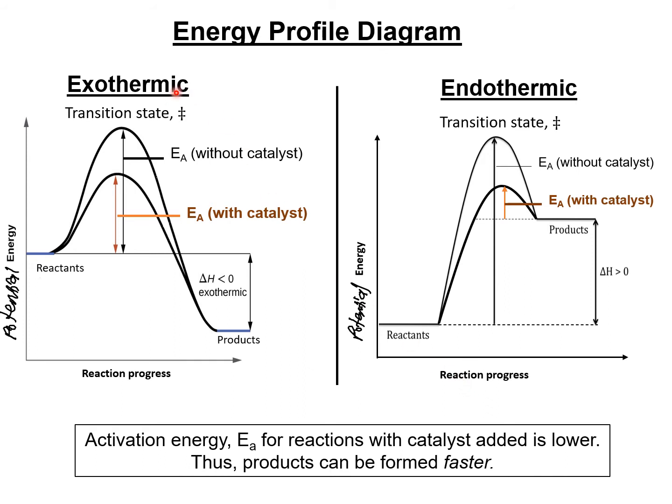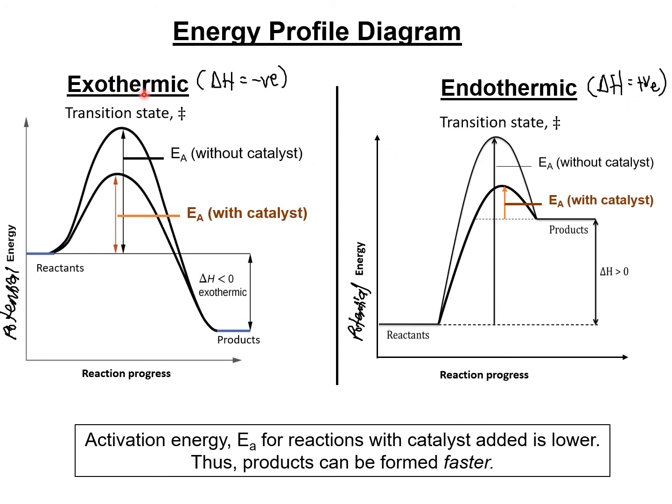For the energy profile diagram for an exothermic reaction, exothermic is where the enthalpy change is negative because heat is released from the reaction. An endothermic process has a positive enthalpy change, positive because heat is absorbed.